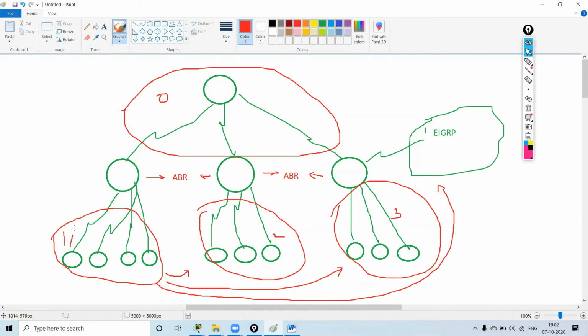I need to go to this router, correct? My ABR router will take me to the other area. This is just an example, just an overview. I have not connected the links in between, but that is the reason I'm explaining this.